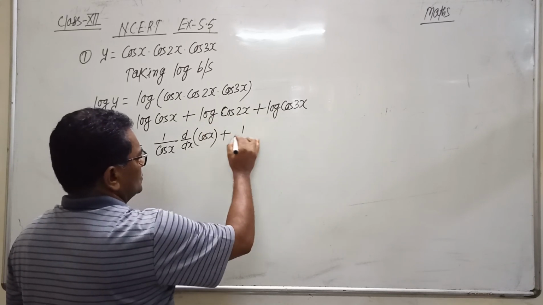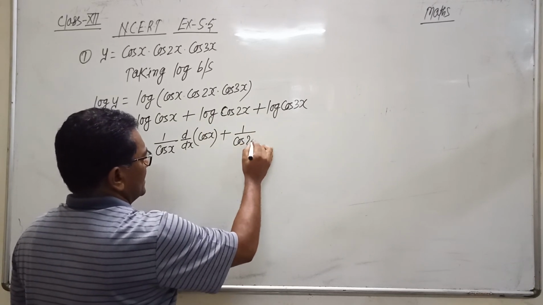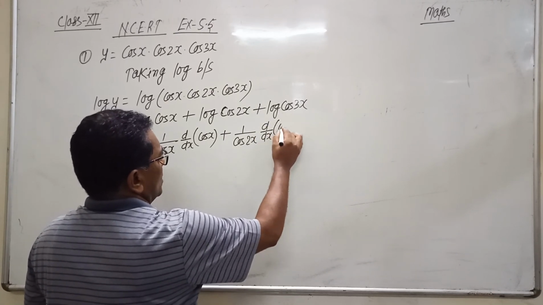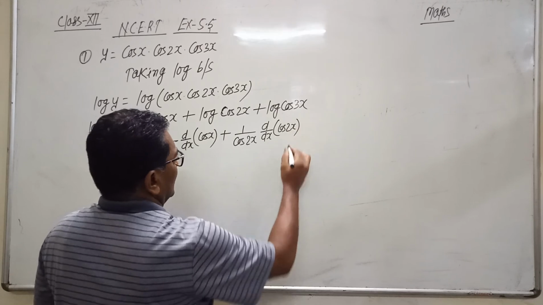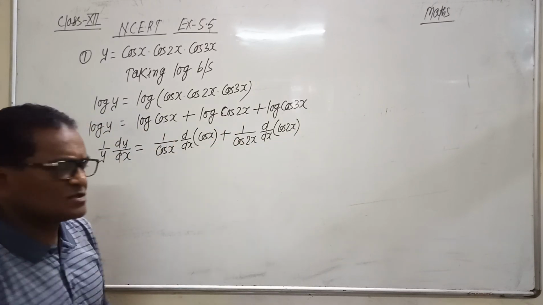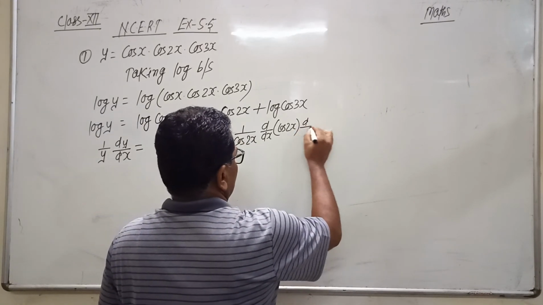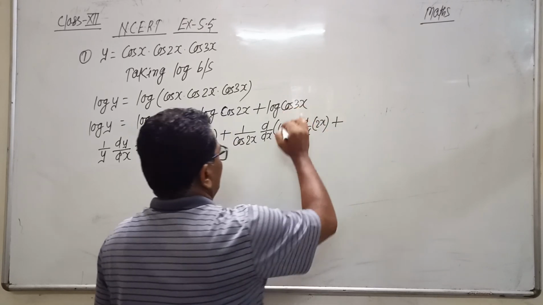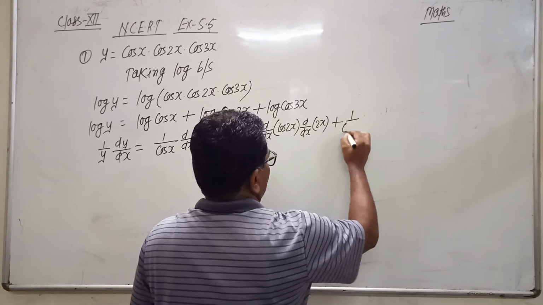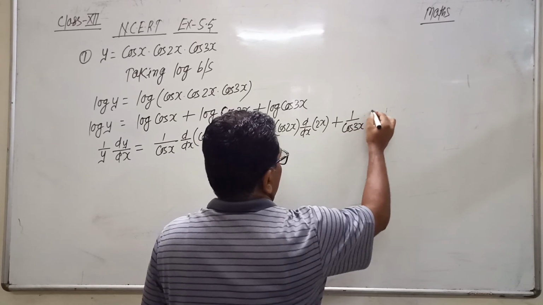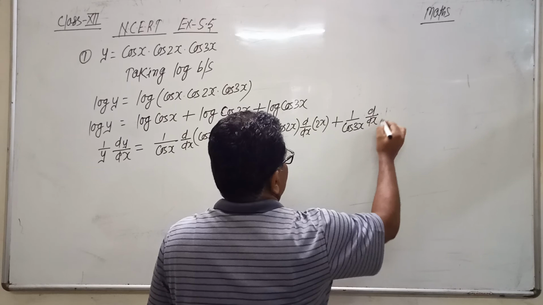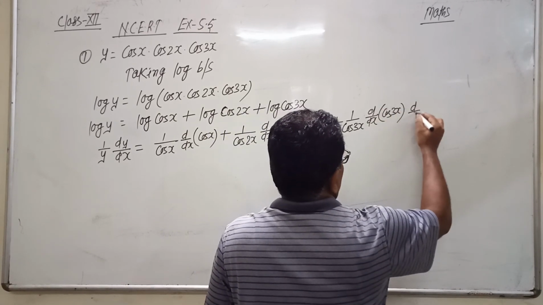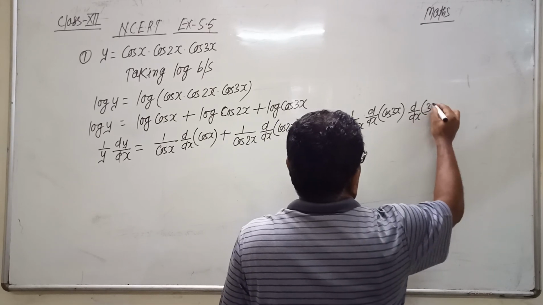Differentiation of log cos 2x is 1 by cos 2x, then d by dx of cos 2x, then d by dx of 2x. Differentiation of log cos 3x is 1 by cos 3x, then d by dx of cos 3x, then d by dx of 3x.